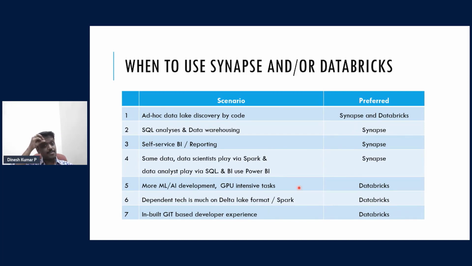Coming to the other side of the scenarios, when it is more of a machine learning and artificial intelligence requirement and development, and it involves more GPU-intensive tasks, I prefer to go for Databricks. And if the dependent tech relies heavily on the Delta Lake format or Apache Spark, the preference can be Databricks.